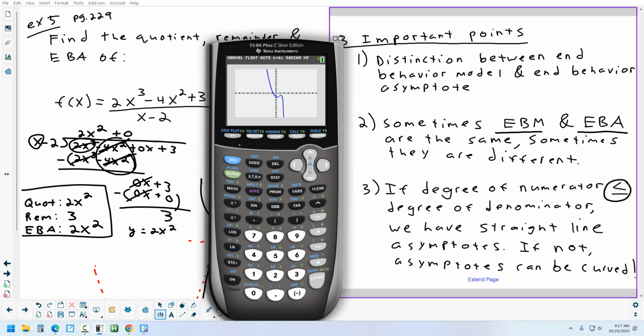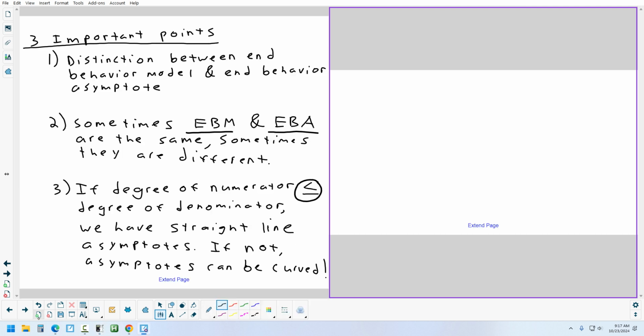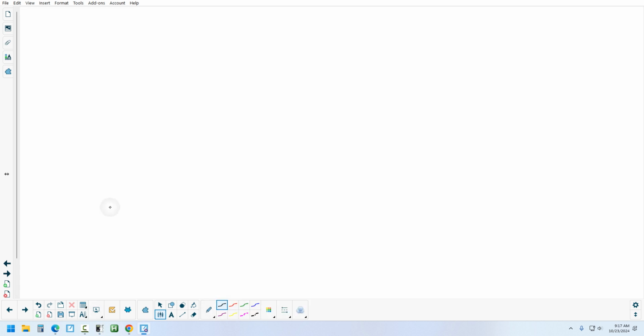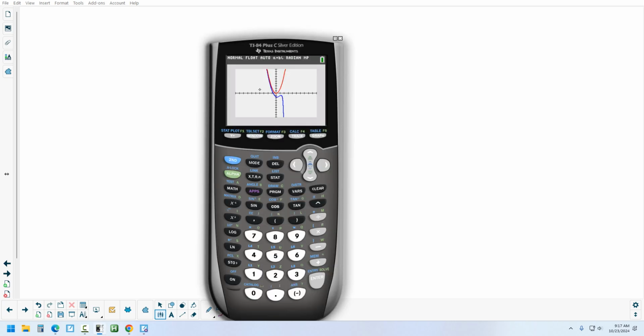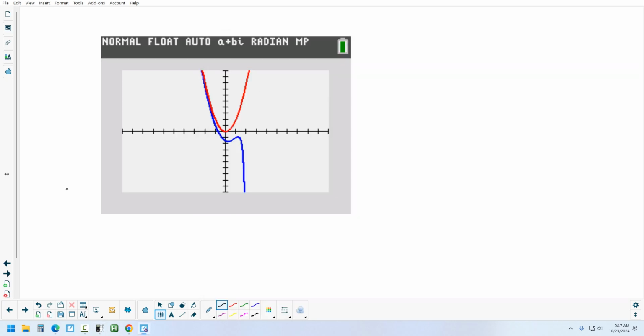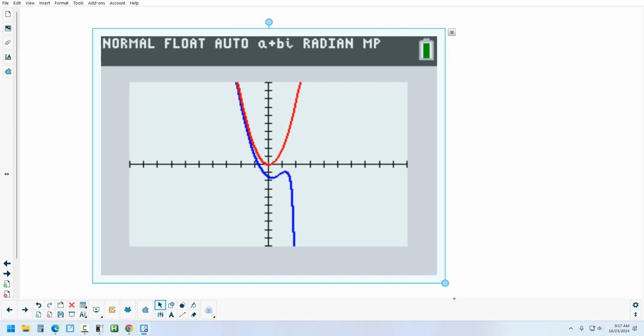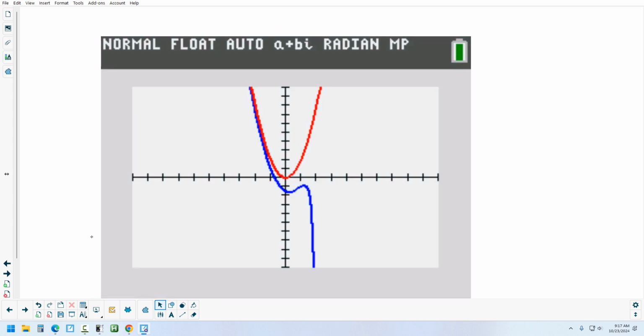Okay, so here's our graph in blue. And in a minute, you're going to see the EBA in red. Let me make that a little bigger so we can see it. So what's happening there as you continue to head to the left between the blue and the red?